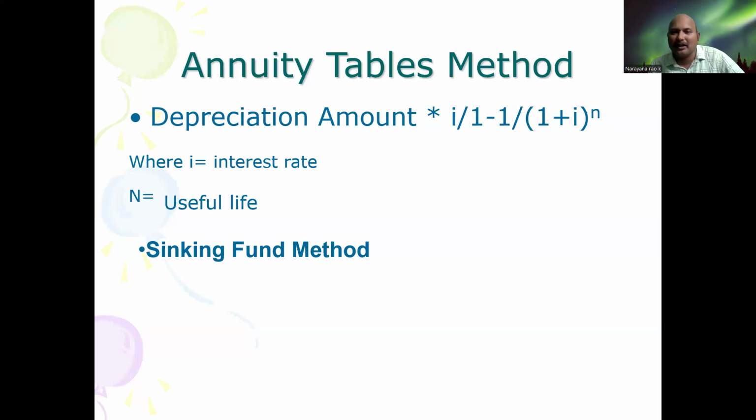We invest the amount every year, equal to the depreciation written off. At the end of the lifetime of the machinery, we can raise the funds for replacement of the asset easily, because the amount invested every year will be withdrawn and utilized for replacement of the asset. This is the sinking fund method.